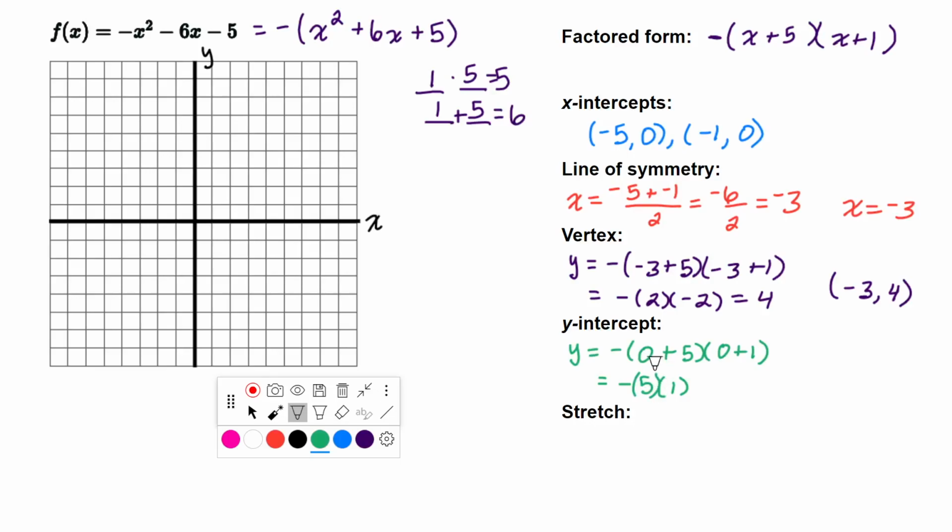So I could write it with the 5 in parentheses so that you see that negative is what was coming from out front. So -5 times 1 is -5. The y-intercept is 0, -5. And I do not see an a value, so we can say again that there is no stretch.